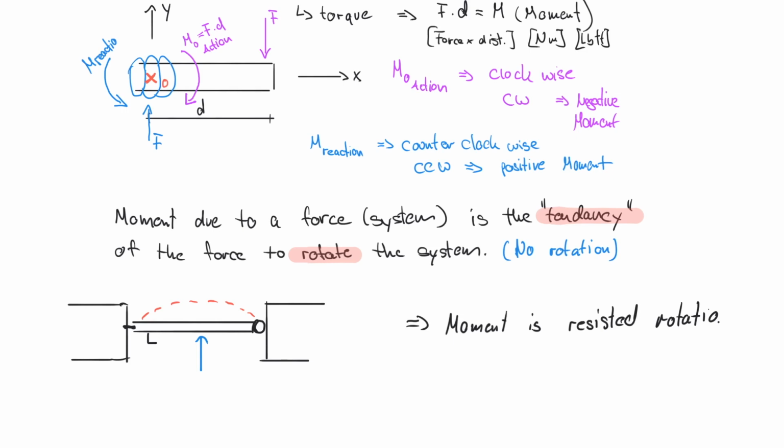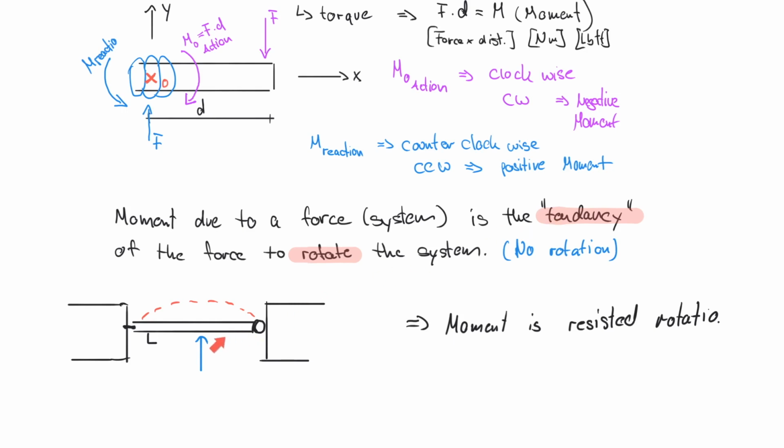And so for resisted rotation, you need to also understand that rotation always happens about a specific point. For example, once you open the door and you push down the doorknob here, you will actually end up rotating about this point, which effectively you're doing when you push here with the force as well, but you just don't see it, right?